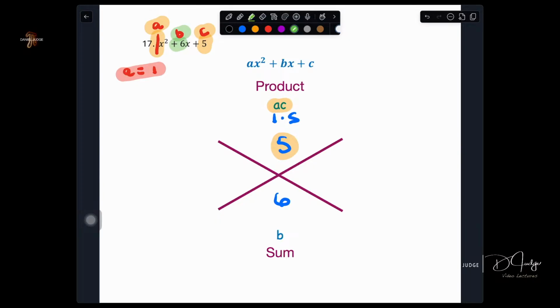And this is what this information now means for us again. Okay? We need two numbers multiplied together, product is 5, and whose sum is 6.